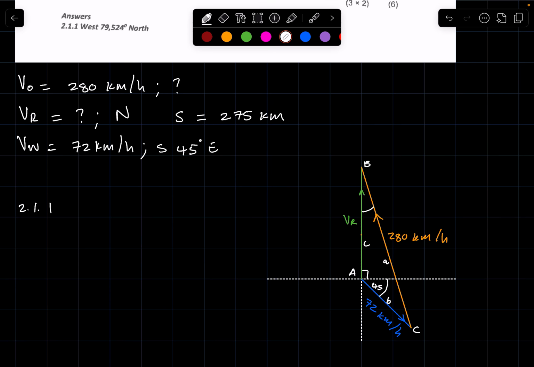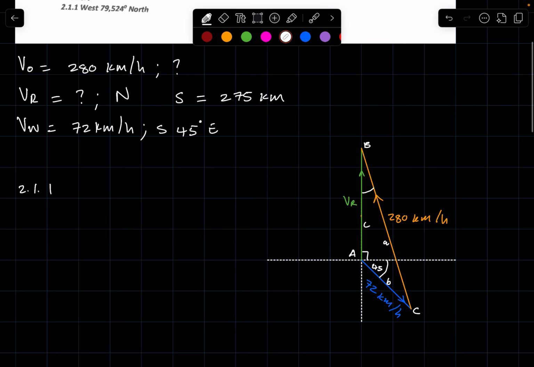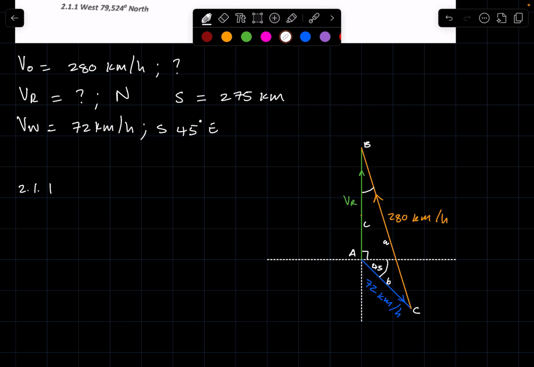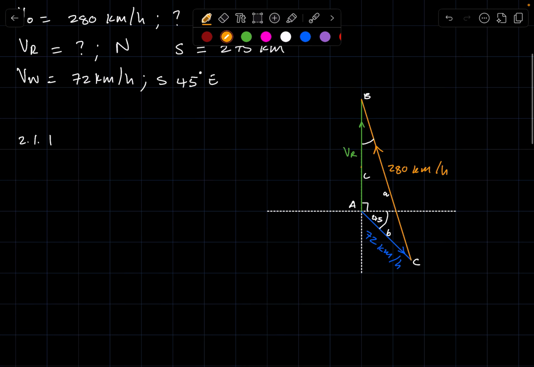So now you calculate your angle, that is angle B. You have to calculate angle B. So we want this angle, and we have this one, so we can use the sine rule, because we're looking for one angle and we have another angle.